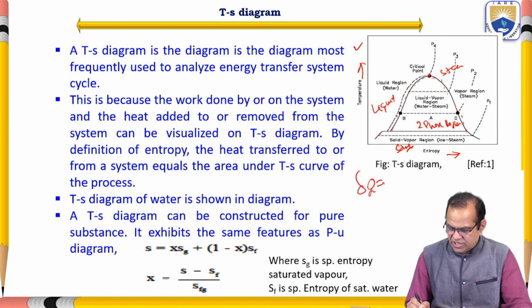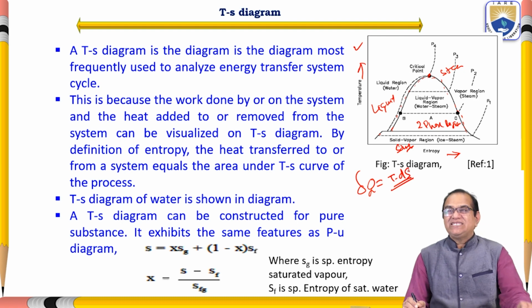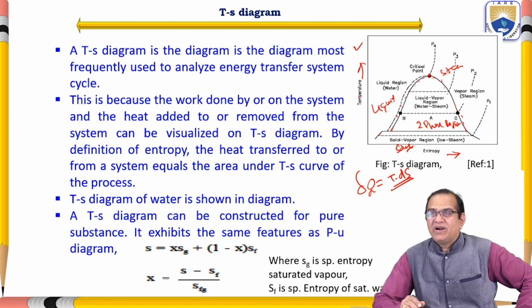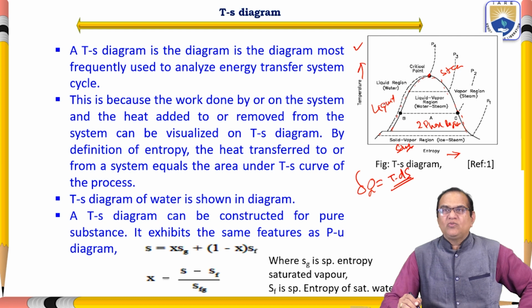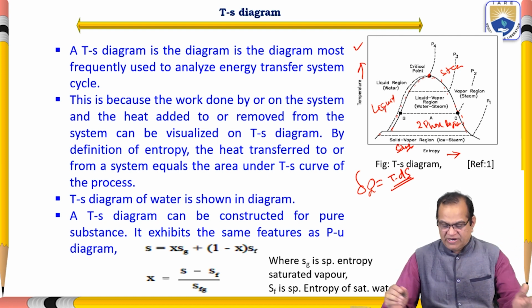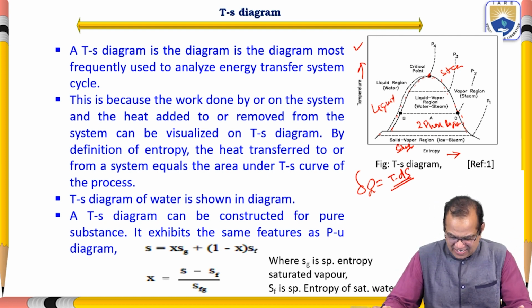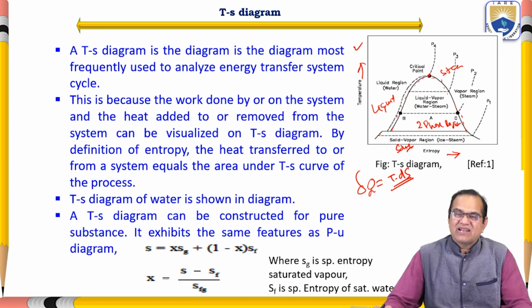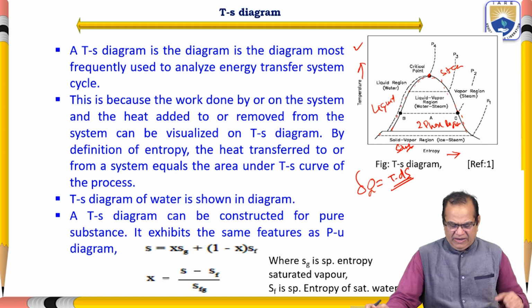So dQ is equal to T into dS. So if you multiply the change in entropy by the temperature, you will get how much heat is transferred. So your TS diagram will indicate how much heat transfer is taking place.